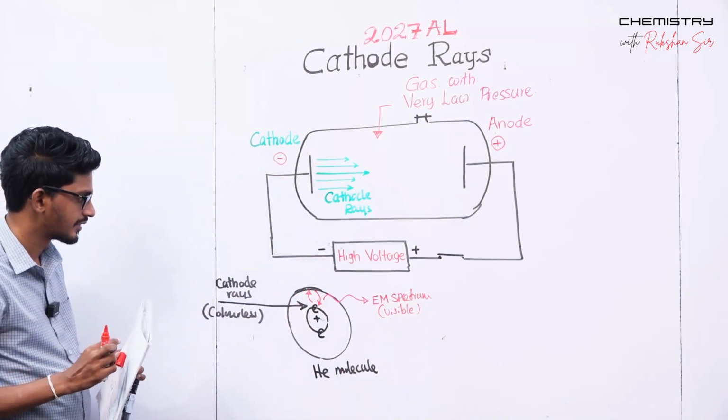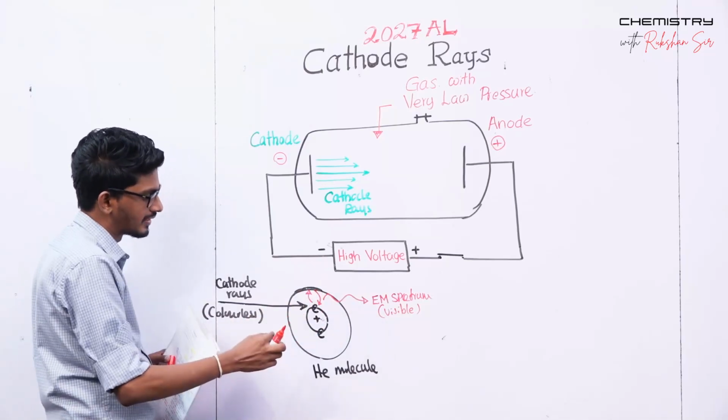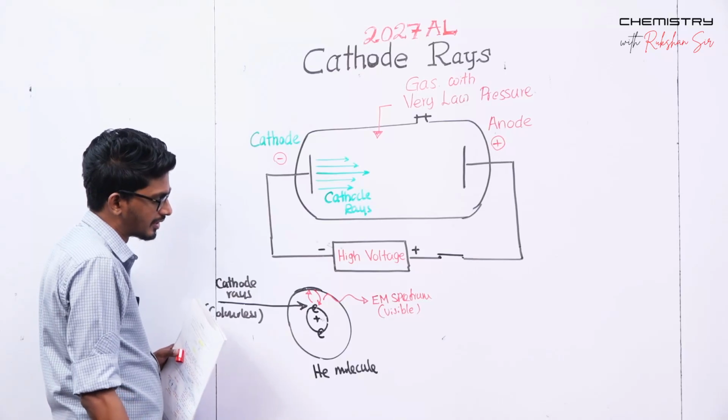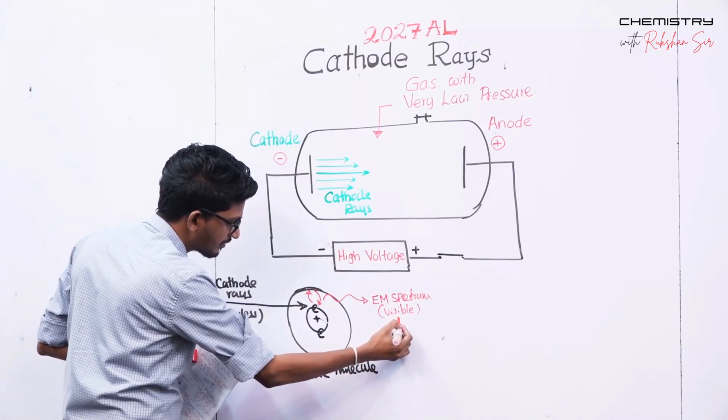In this case, the radiation emitted by the electrons comes under the green region of the electromagnetic spectrum, the visible region. Green wavelengths are given.